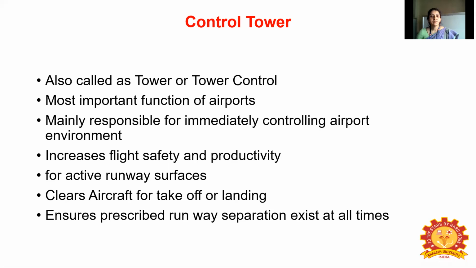Taking off and landing are clearly managed, and communication between the aircraft and the airport is all controlled by this control tower. In simpler terms, it makes sure that safe and comfortable travel is ensured within the airport. The coordination between aircraft and the airport is done through the control tower.